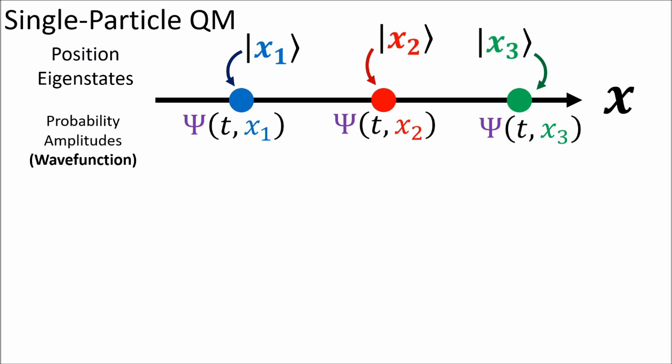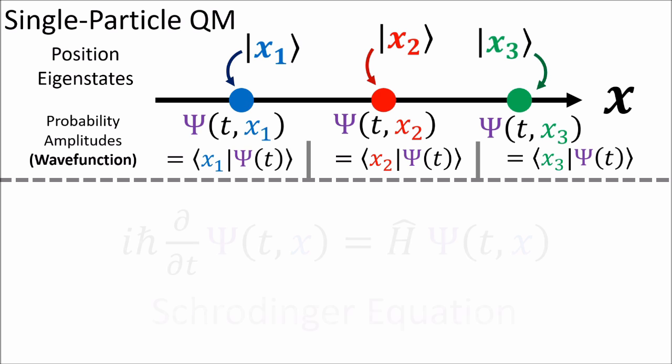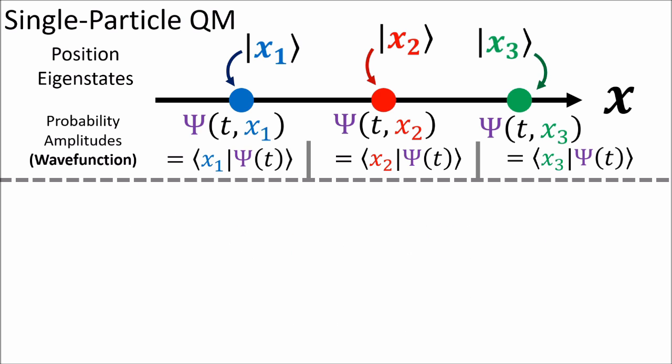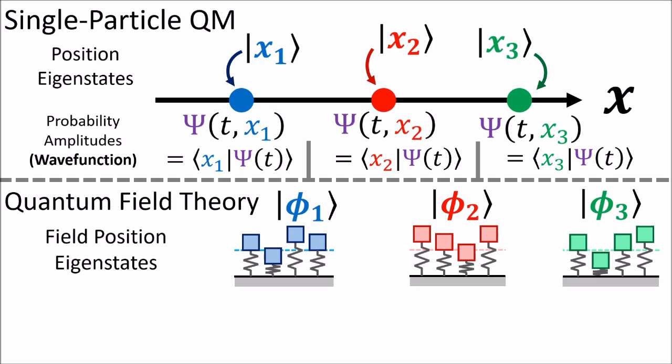We got this probability amplitude by projecting the bra position state x onto the quantum state psi of t, and the wave function psi of t in x obeys the Schrödinger equation. The same is true for quantum fields. A field eigenstate phi is a state where the exact field value of every oscillator in the field is exactly known.